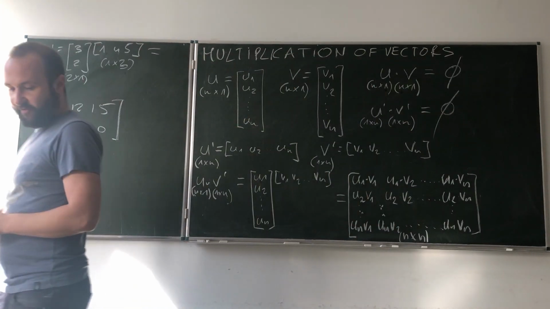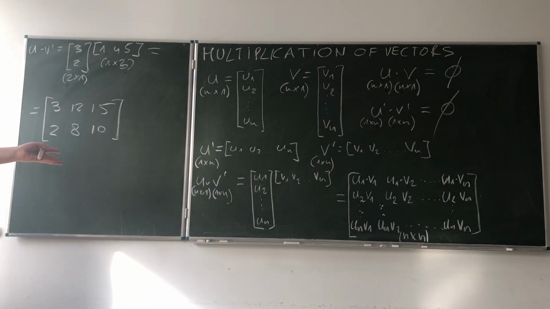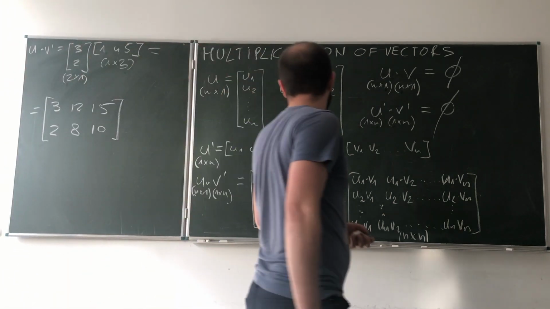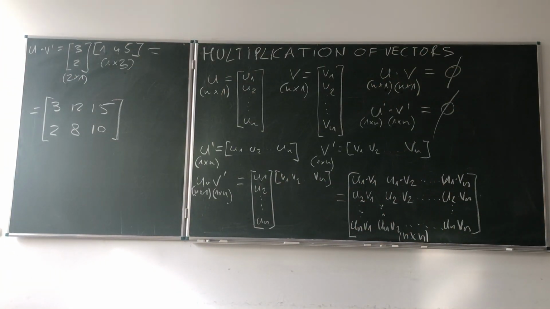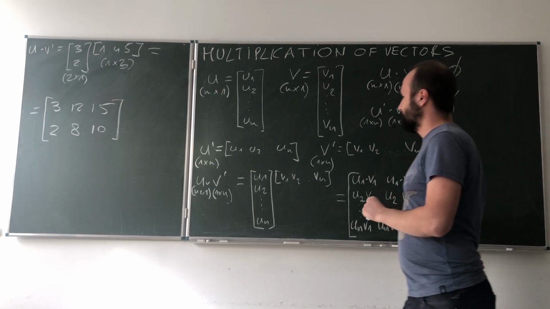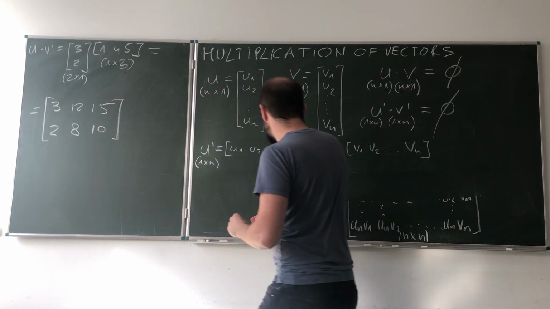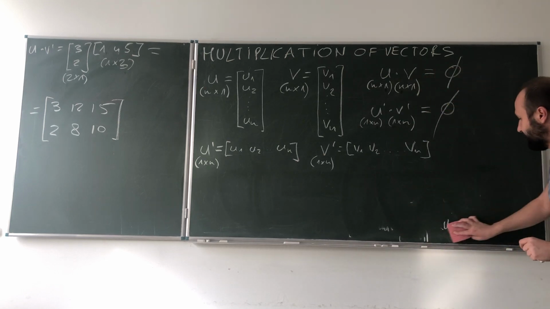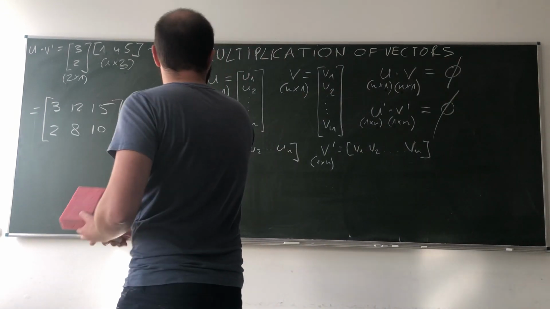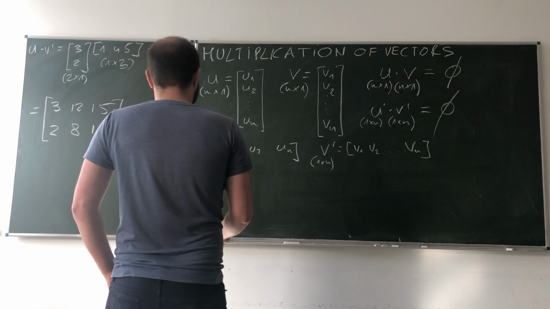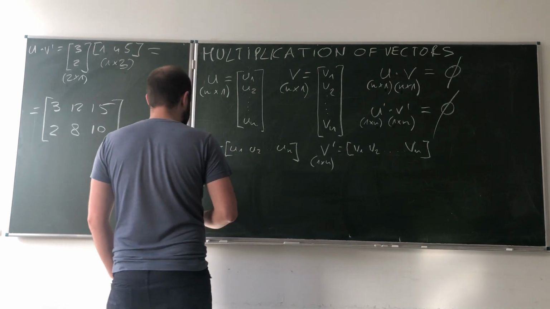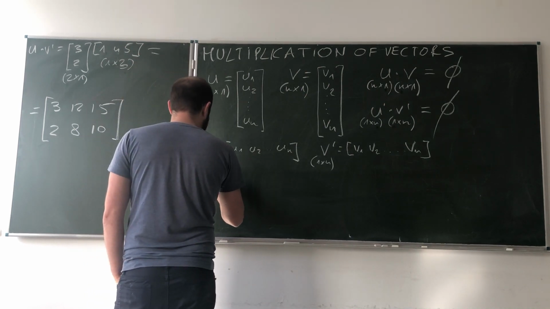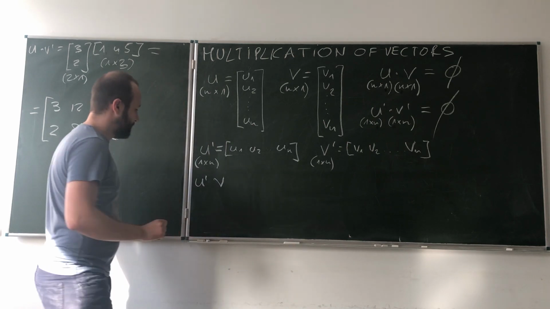Okay, but what if we would reverse the places? What if first we would have a row vector and then the second vector would be a column vector? Okay, so now we will have vector u prime and we multiply it by vector v, right?